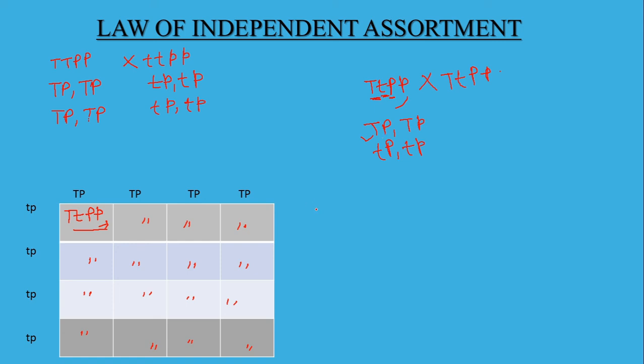In the same manner, a recessive allele can go with the dominant or recessive allele of the other gene. So from here we understood the law that the allele of one gene can independently assort with any one of the alleles of the other gene. So to understand it in a good manner, we go with dihybrid cross.